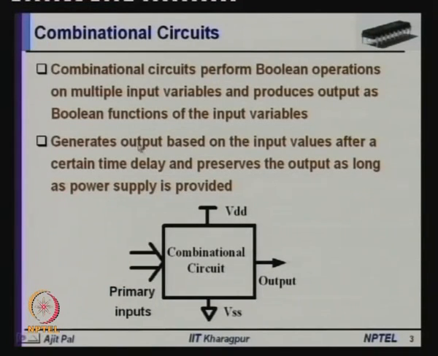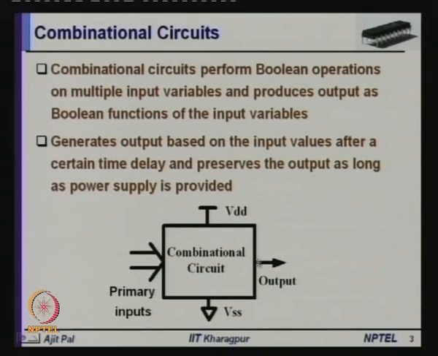Then the second characteristic is, it generates output based on the input values after a certain time delay and preserves the output as long as power supply is provided. That means output is dependent on the primary inputs, not on past history.